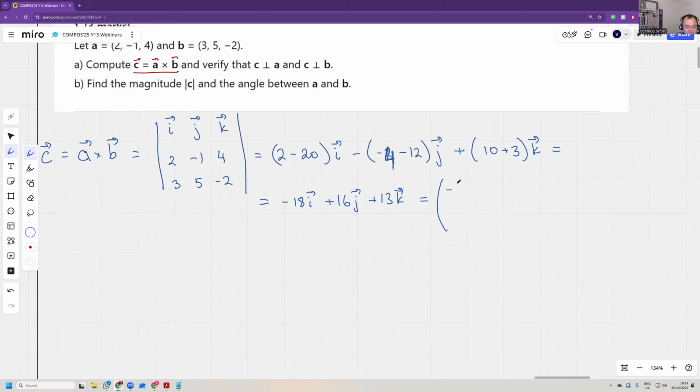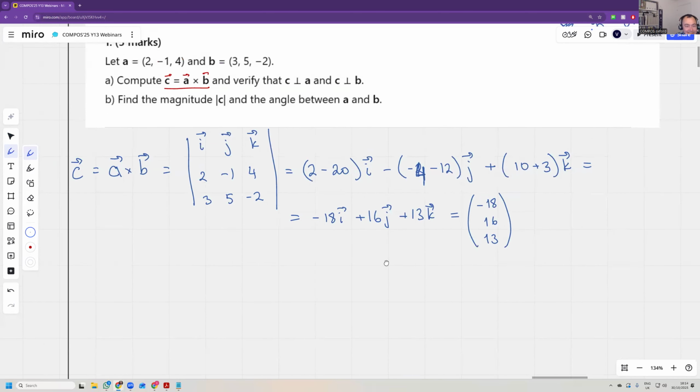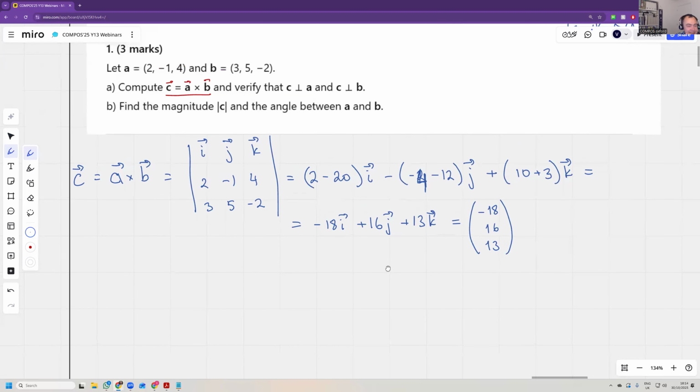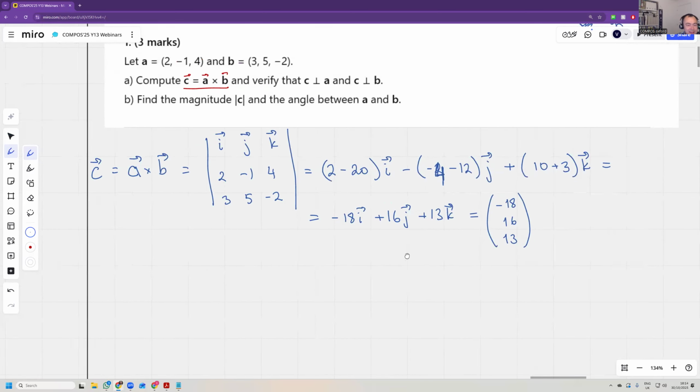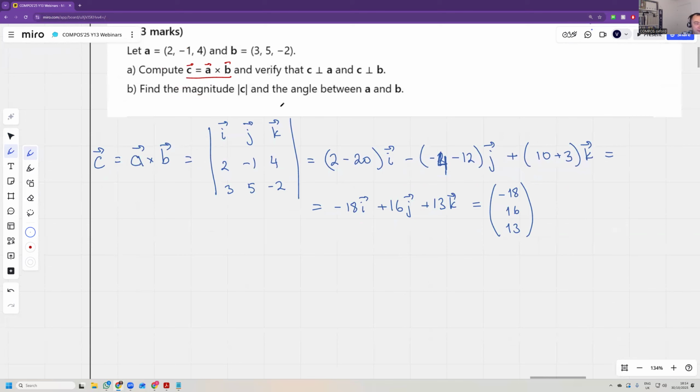I much prefer columns: minus 18, 16, 13. It's just visually very noisy too, but that's me. Then verify that they are perpendicular. So that's question A.